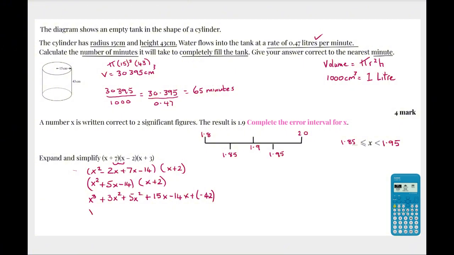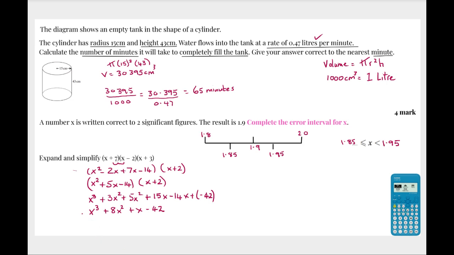Simplify. Minus 40. And there you have it.